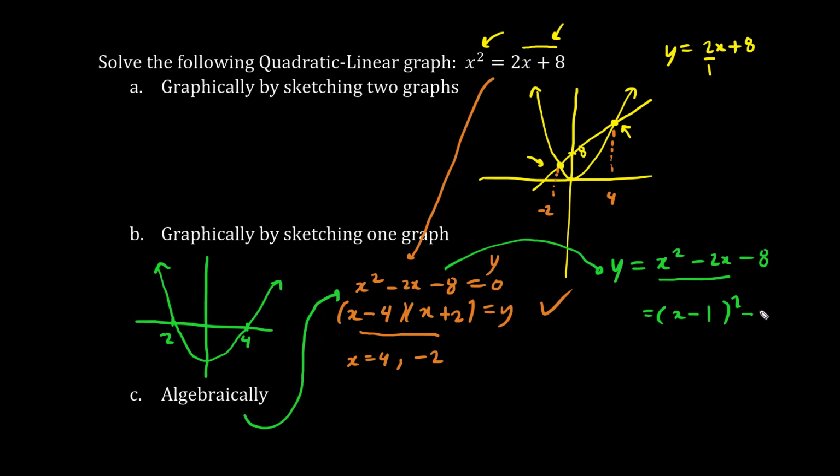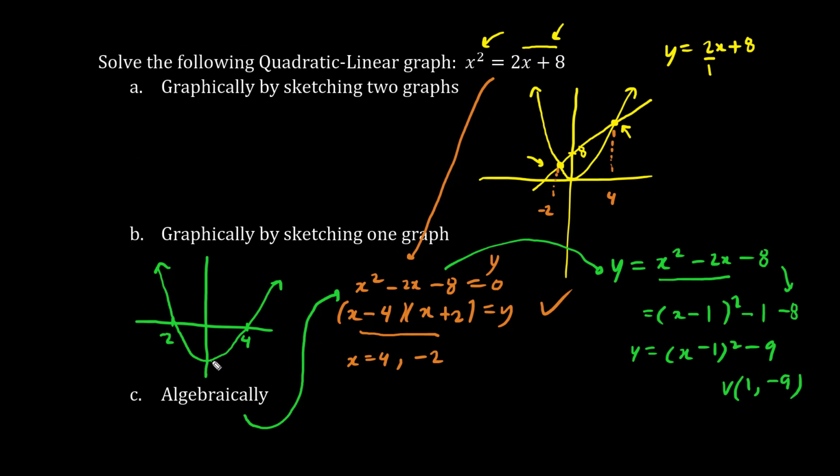And we always subtract that number squared. 1 squared is 1, so we just write 1. And we copy down this minus 8. So y equals x minus 1 squared minus 9. We have the vertex as the opposite of this number, which is 1 comma negative 9.